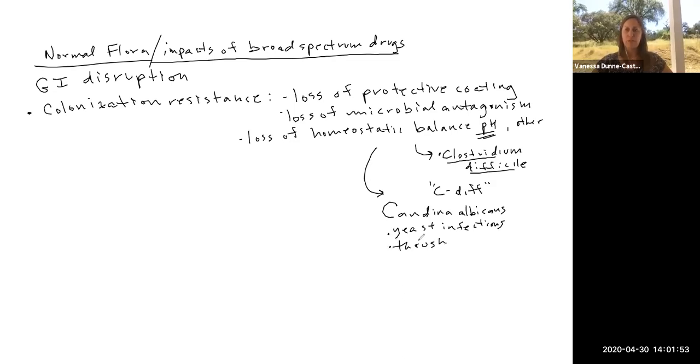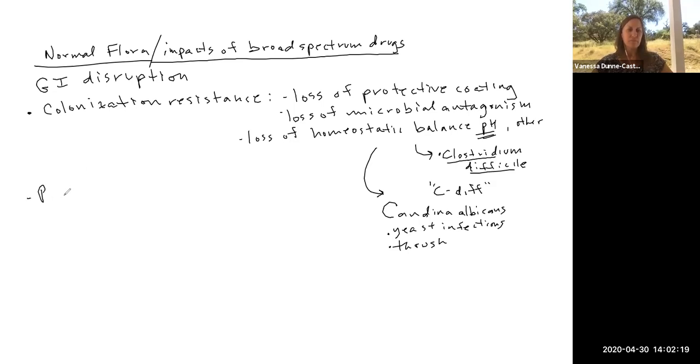So these are two really common types of Candida albicans infections. You can actually get this in your stomach and small intestines as well, and it causes some gastrointestinal disruption. C. diff is in your intestines. So these are really common infections that can occur after broad spectrum antibiotic administration because of the loss of colonization resistance. But remember that there are other factors here too.